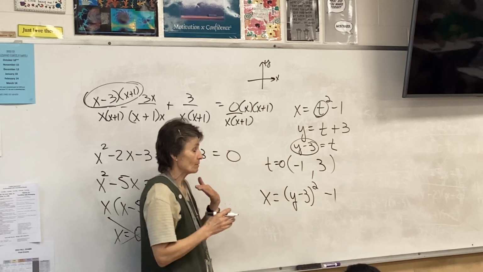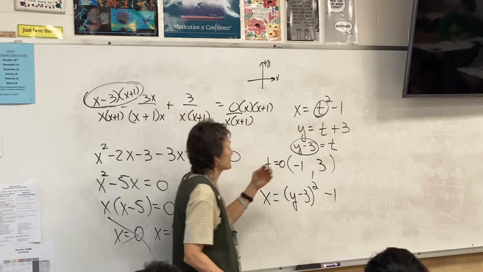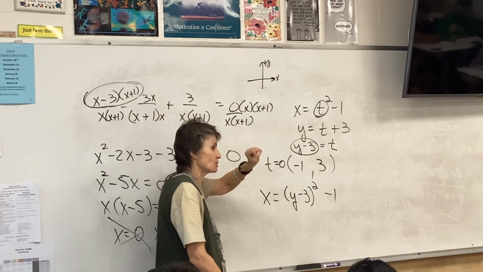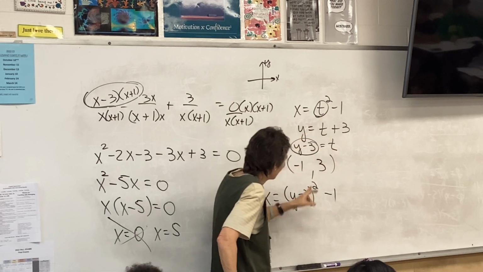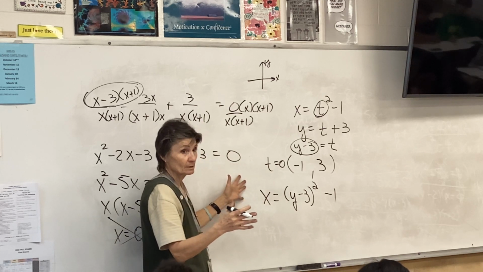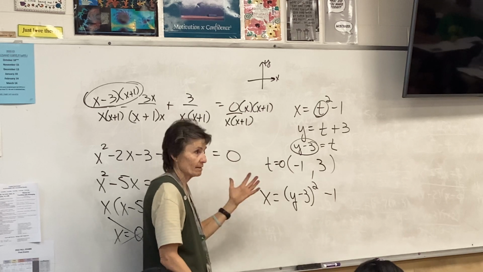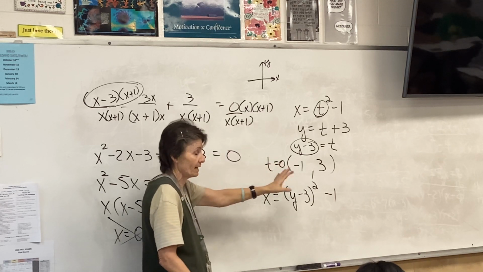So we could eliminate or substitute out the t. Since that's a square and that's not, I need to get t by itself and then plug it in. Now I have an equation, and the only variables are x and y. That's what the job was to do. So I've done that. Part B, done.